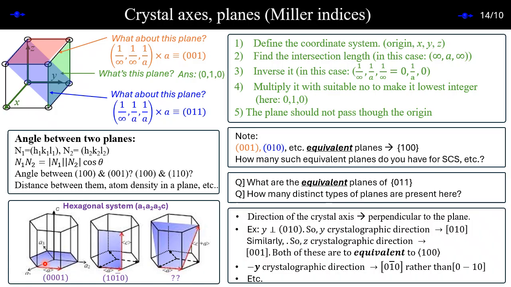Again, you need to see the intersection. For example, you can just consider this one. This is simple. So this plane, it's intersecting this one, right? Say A1. This is parallel to this plane. Say this is A2. That's why it is not there.